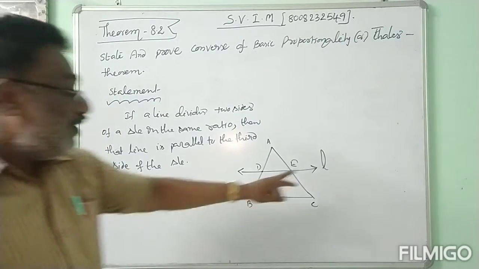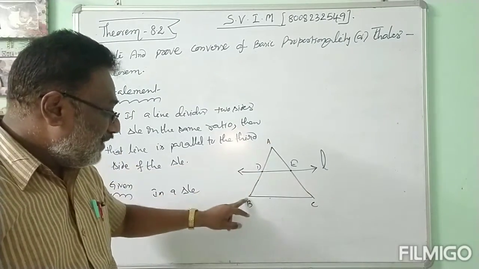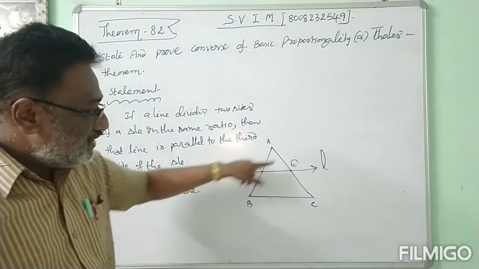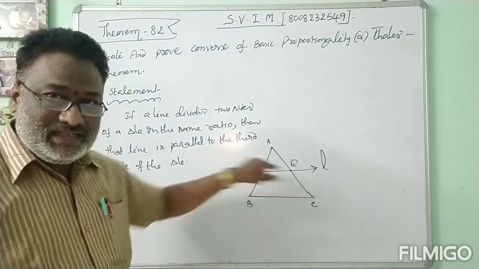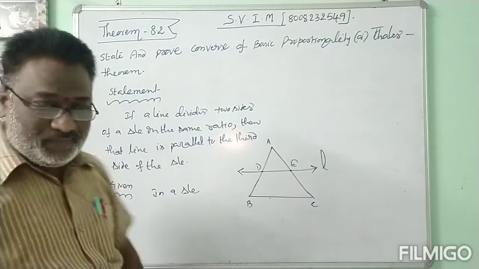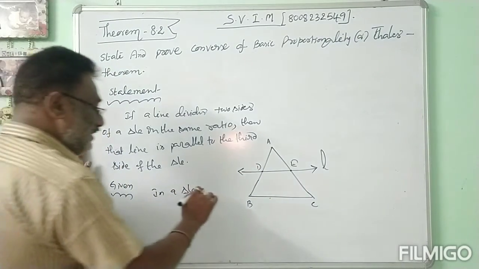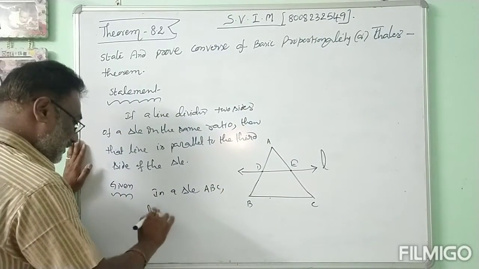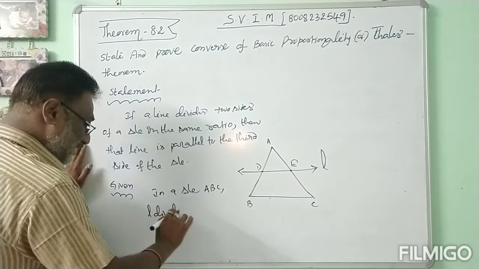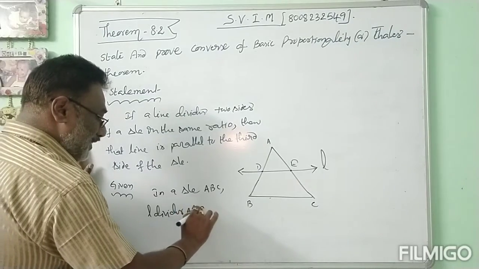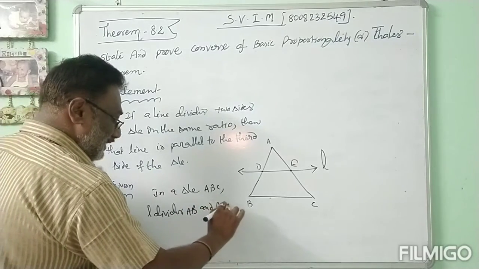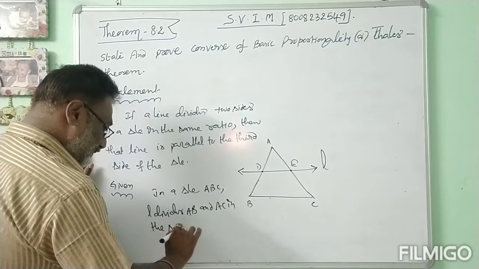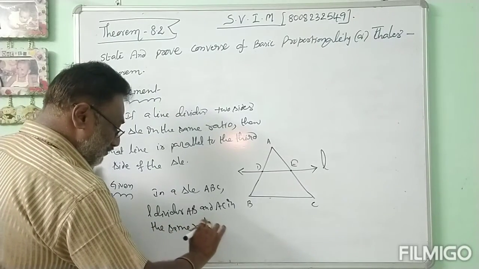Now L is dividing the line segments AB and AC in the same ratio. That means AD by DB is equal to AE by EC. In that way L is dividing these two line segments. That's all. In triangle ABC, L divides AB and AC in the same ratio.